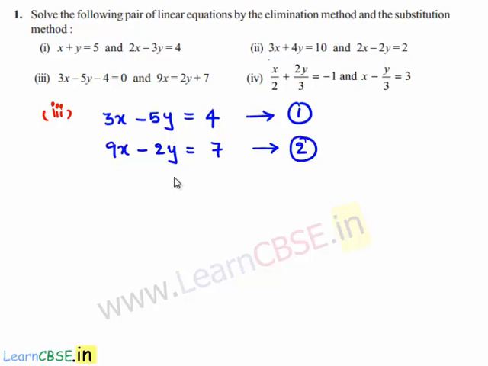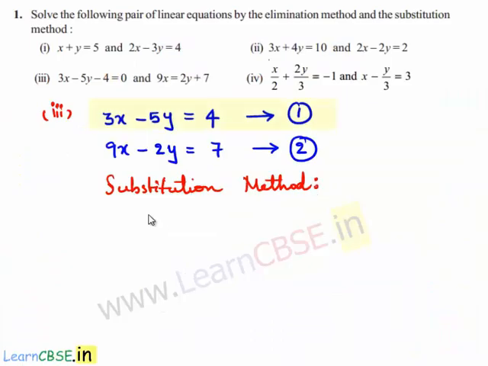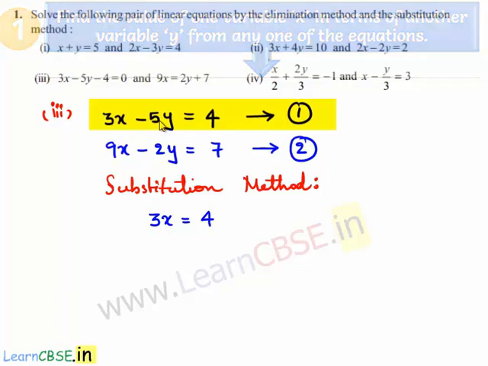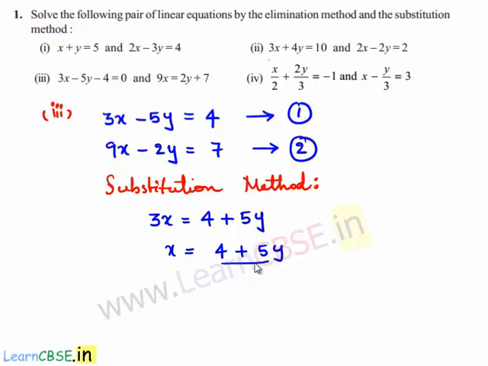Now let us solve the given pair of linear equations by substitution method. So the first equation can be written as 3x is equal to 4 minus 5y, is transposed to right hand side, we will be getting 4 plus 5y, and x is equal to 4 plus 5y divided by 3.